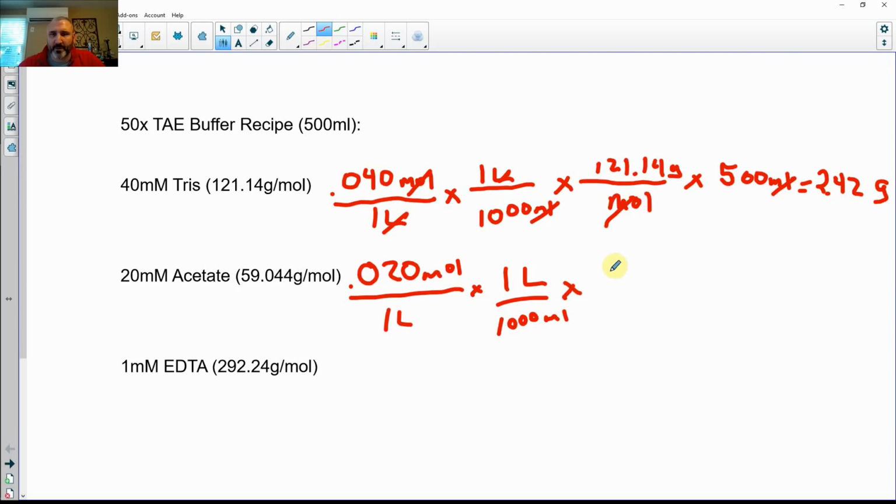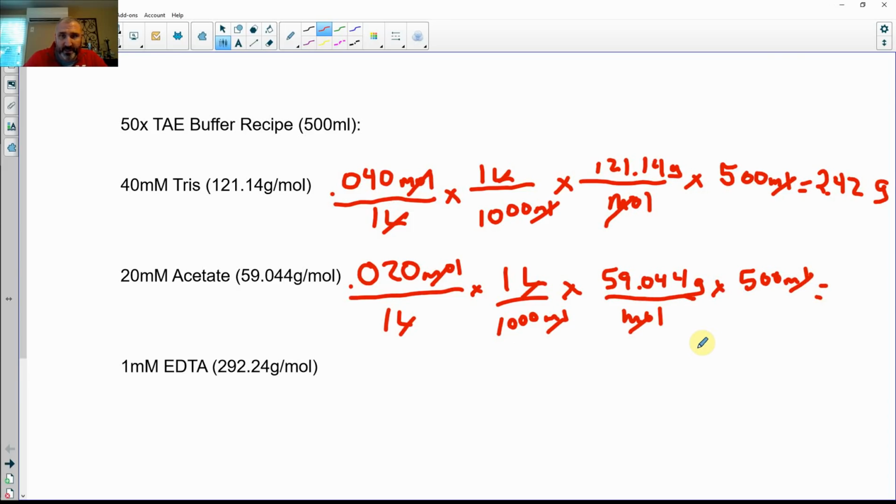And then we're going to multiply by the molar mass, 59.044 grams per mole. And then we're going to multiply it by the amount we need, which is 500 mils. If you want to put it over 1, that's fine, but I never do because it looks a little cumbersome. So just to confirm again, liters cancel, moles cancel, mils cancel, and we're left with an answer in grams, which is what we're going to go measure.